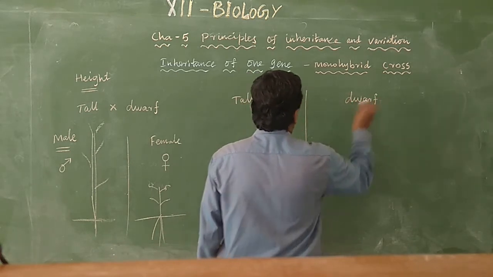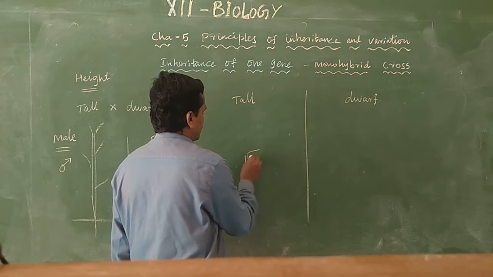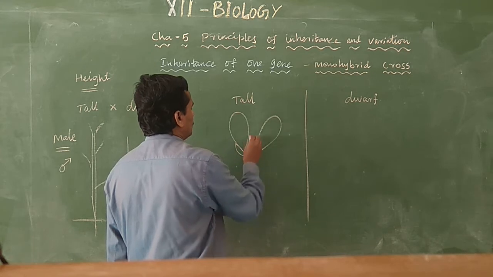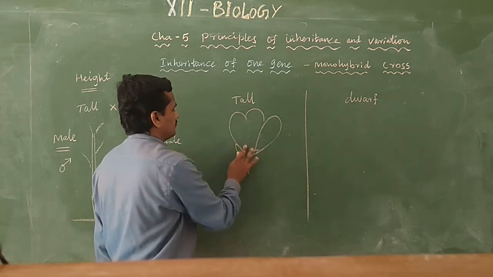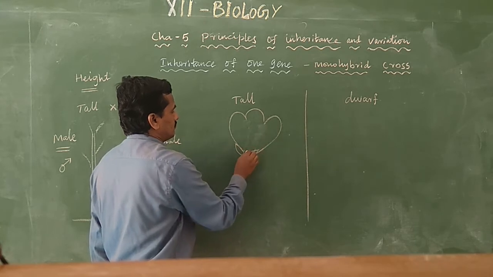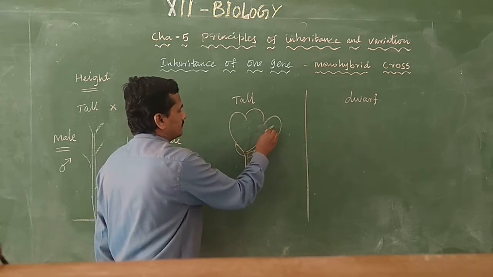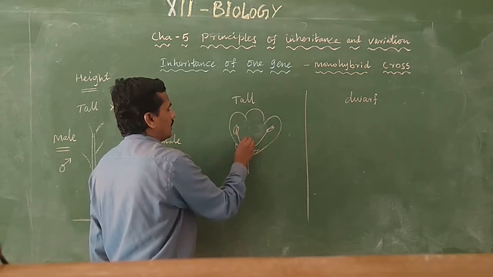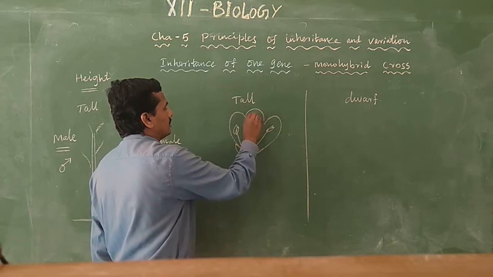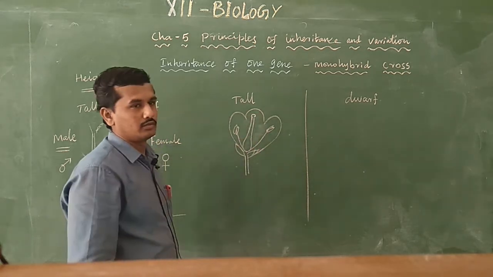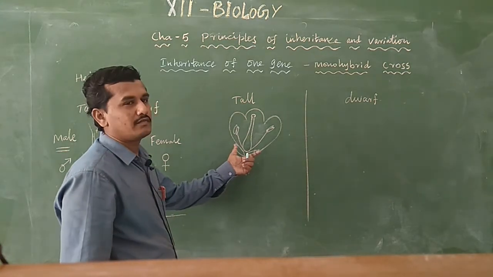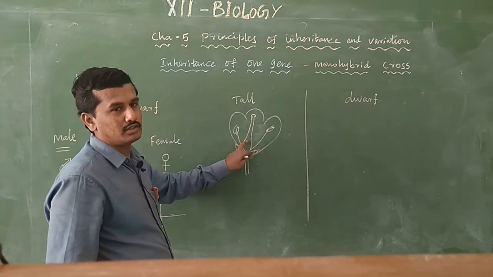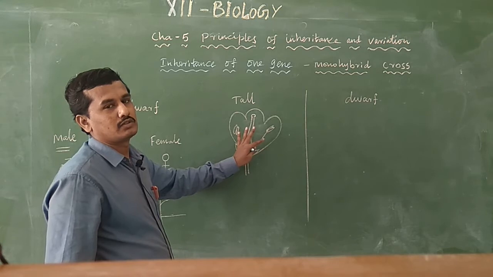The tall plant flower has the calyx, the corolla, then the stamen, which is the male part, the androecium, and the pistil, the female part, the gynoecium. The tall plant is also bisexual because the male androecium and the female gynoecium are present. So the flower is said to be bisexual.